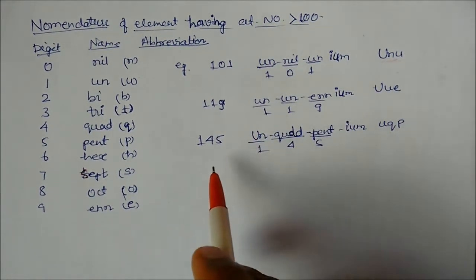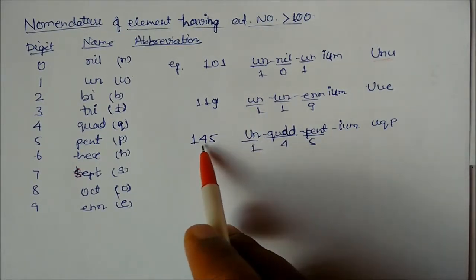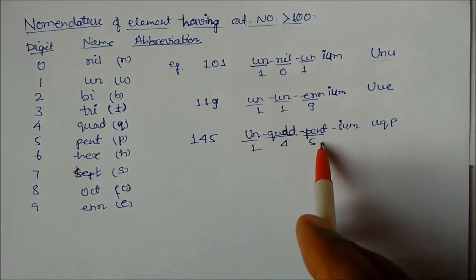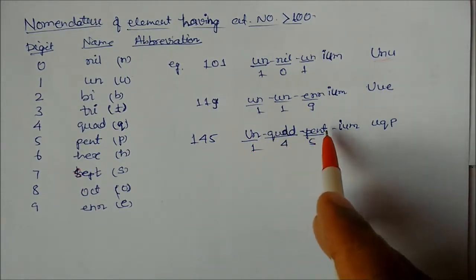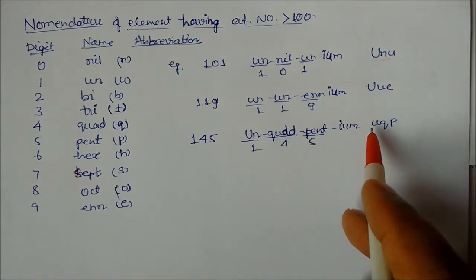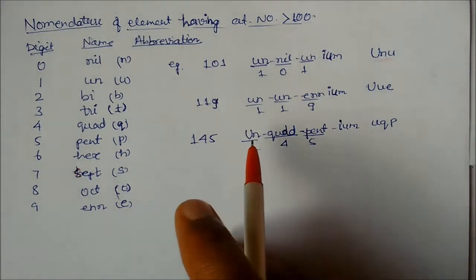Now if you take 145. In 145, 1 is un, 4 is quad, and 5 is pent. So unquadpent, and then you add the suffix ium: unquadpentium, with symbol U, Q, and P. This becomes the nomenclature of the undiscovered element 145.